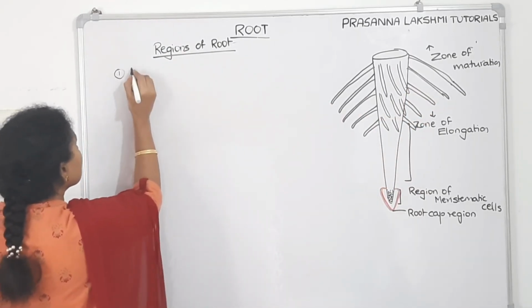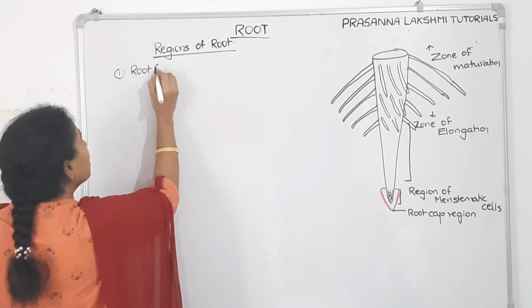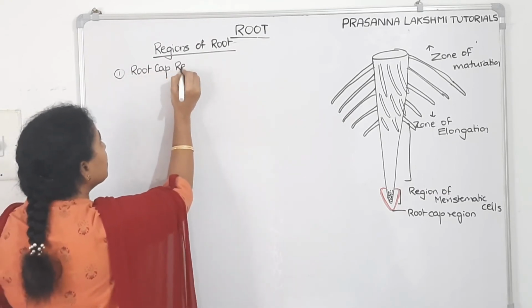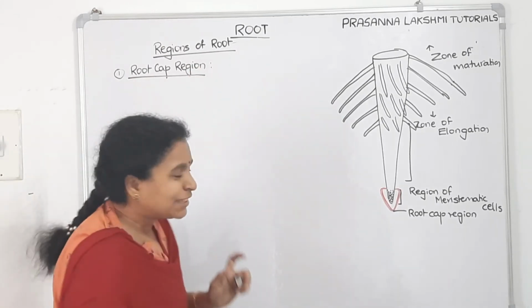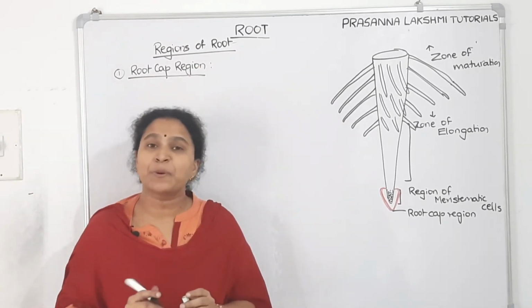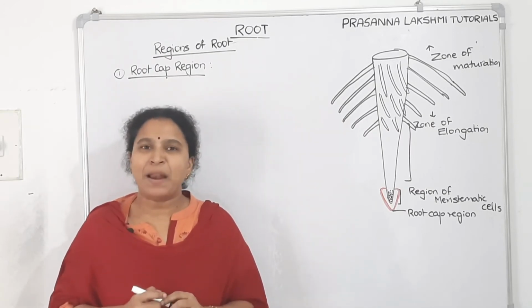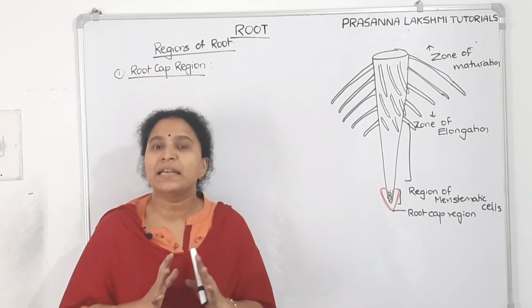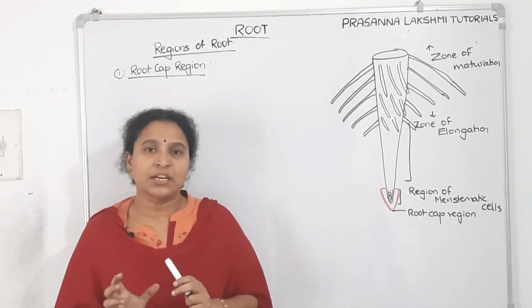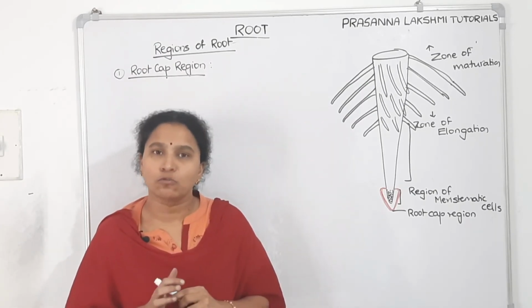The first region is called root cap region. Now, the root tip, which contains meristematic cells, will help the plant to grow indefinitely. The meristematic cells, the actively dividing cells, should not be damaged, means they should be protected by a thimble-like structure called root cap.